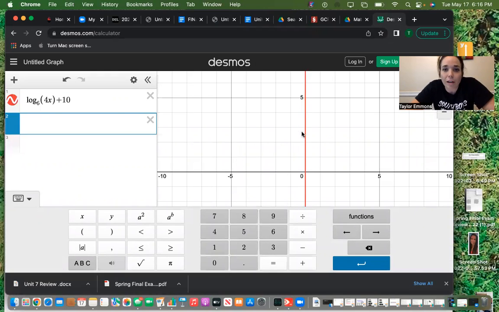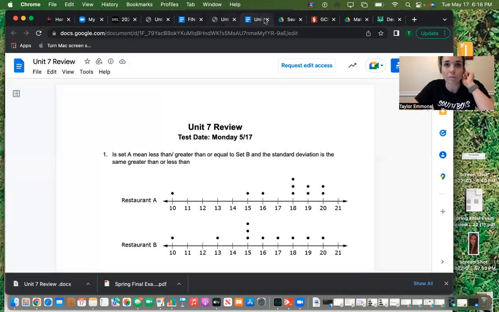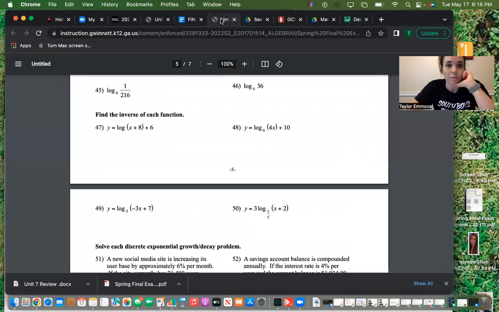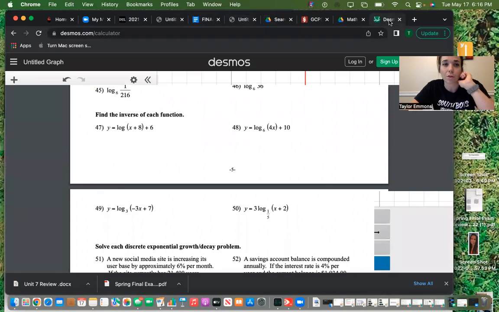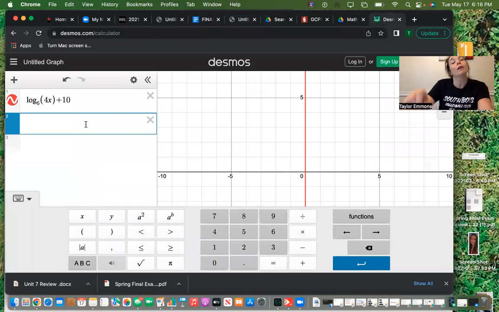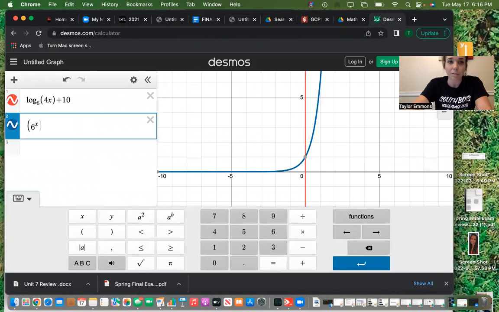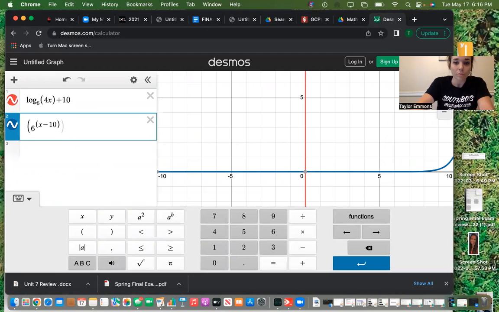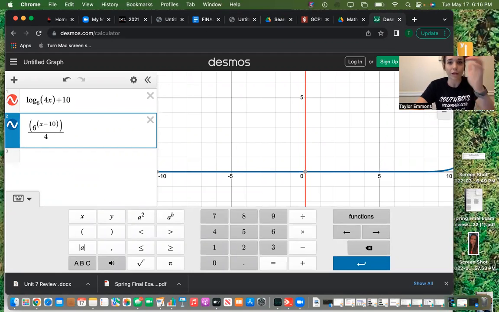Then I also graph my inverse function. The inverse of that was 6 raised to the x minus 10, and we divided that by 4, right?